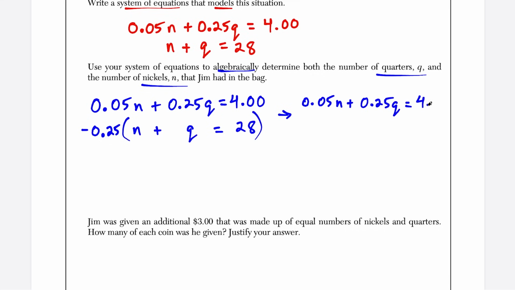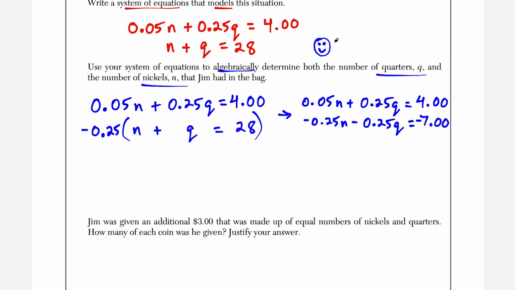And the bottom equation: we're going to have negative 0.25 times N, and then minus 0.25 times Q. For the right side, we're doing negative 0.25 times 28, which is negative 7, so negative 7.00.